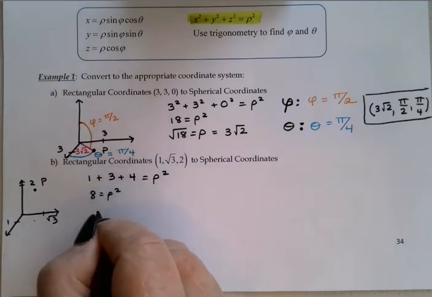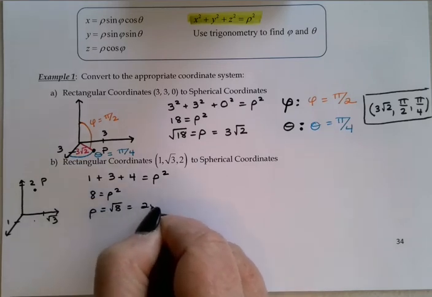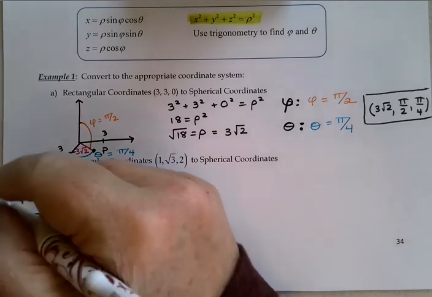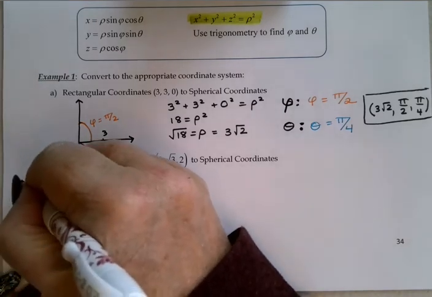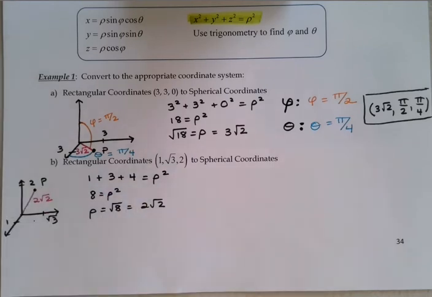So rho squared is 8, and rho is the square root of 8, or 2 square root 2. So there, that pink line is the distance from the origin to P, and I know its length is 2 times the square root of 2.